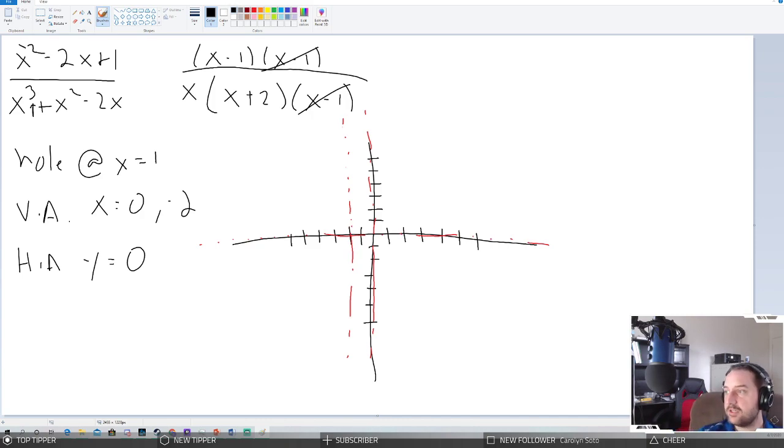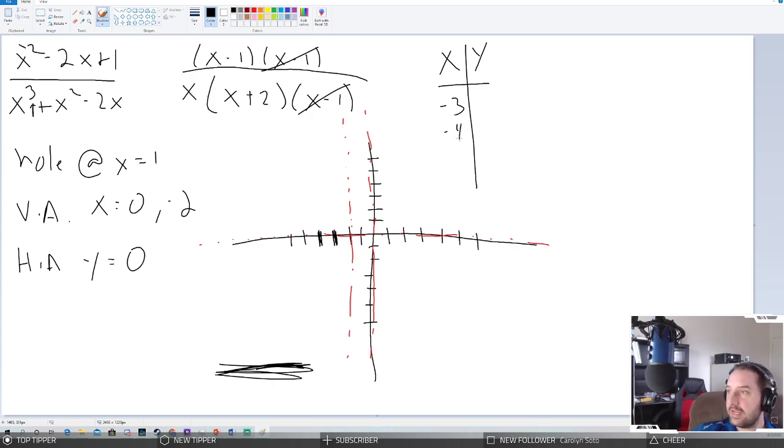So what I need to do is pick points to figure out what's going on. Creating my table, the values that look interesting to me would be values on this side of my asymptote, so values like negative 3, negative 4.